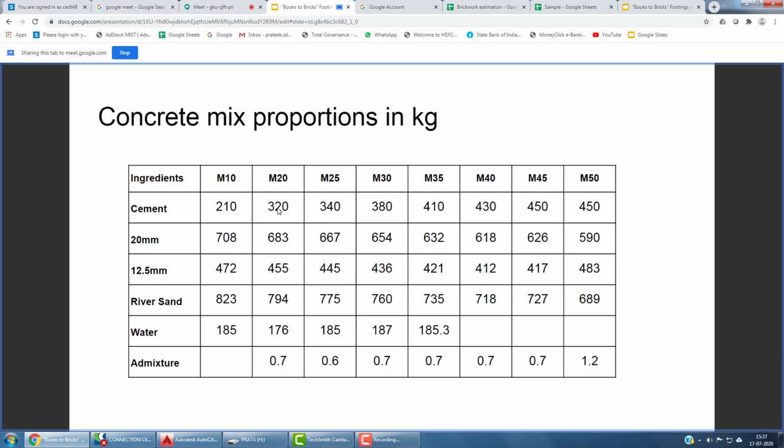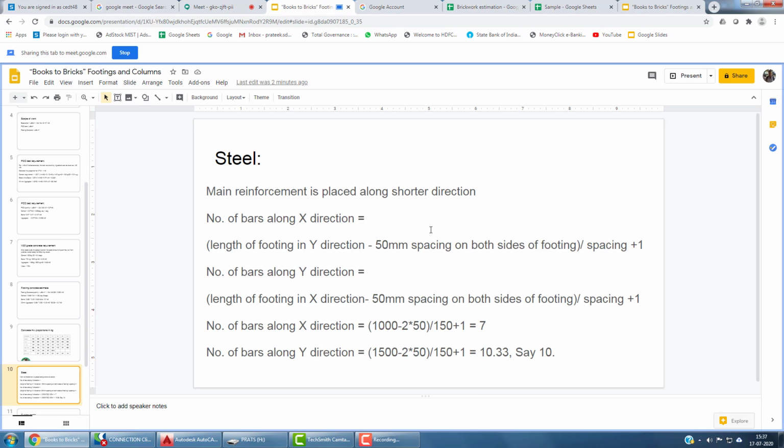So M20, 320, since we are not using 12 mm quantity, you can add these two aggregates. This will make your total aggregate value. This is your river sand value and this is your water value. Correct? These are just for reference. If you are doing mix design, you can start with these values. Again, depending on the grade, you can always increase or decrease. Correct?